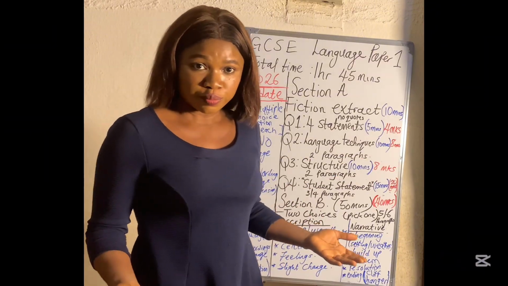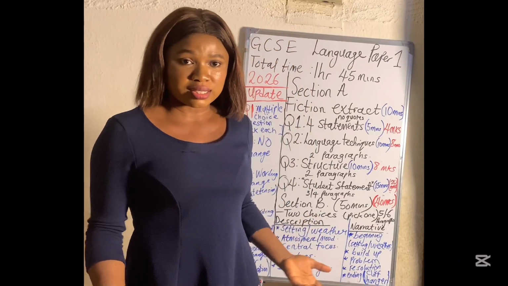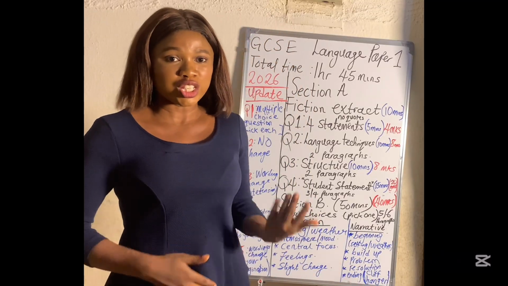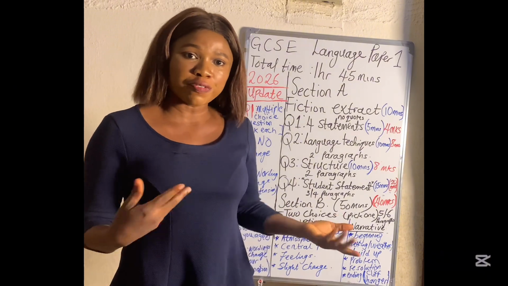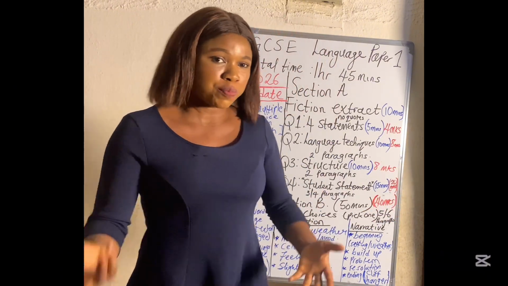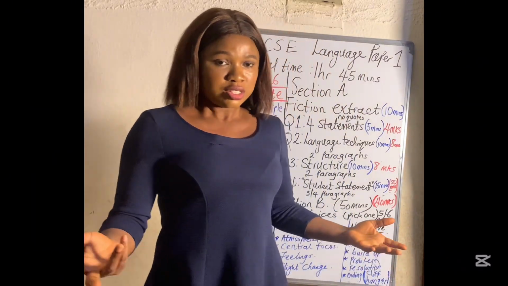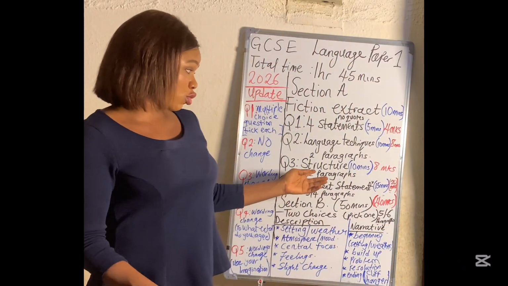The structure: the opening, how did it start? Then what happened at the beginning? Was there a shift from something to the end? And look at some structural features: foreshadowing and suspense, repetition, all those things that are involved in the structural devices. That is what you should look at here.